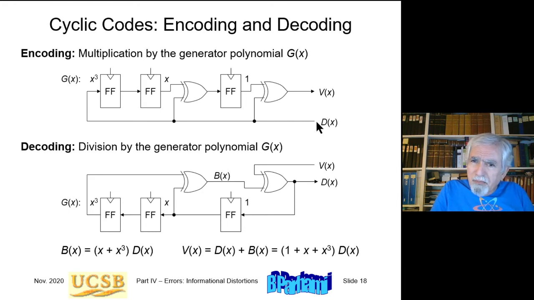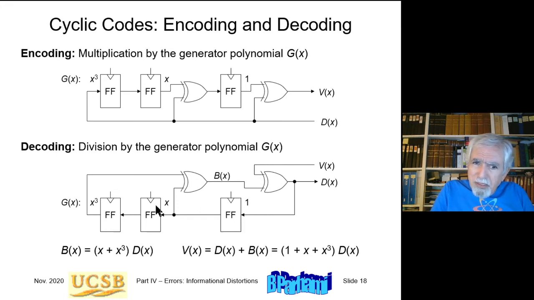Of course, because data must come in bit serially, it can be slow. And this is the decoder. Here the encoded word comes in and goes through the circuit.